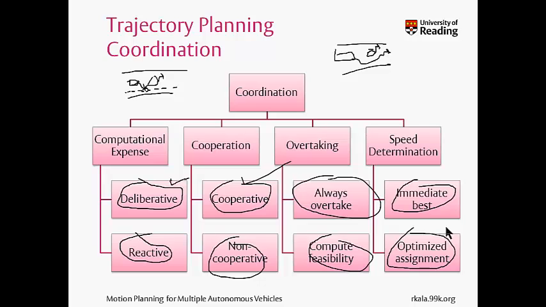Of course, these algorithms would be more computationally expensive, like the deliberative techniques and the computational feasibility. These algorithms will be more computationally expensive, and at the same time they are regarded to be more optimal. Now, in general, what happens if I have different algorithms, the planning algorithms or the coordination algorithms over here, and I arrange them by increasing optimality?